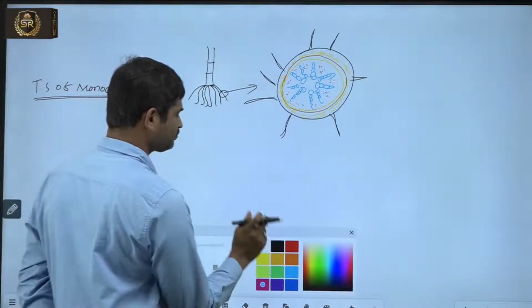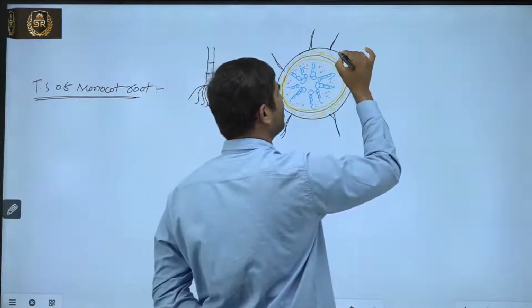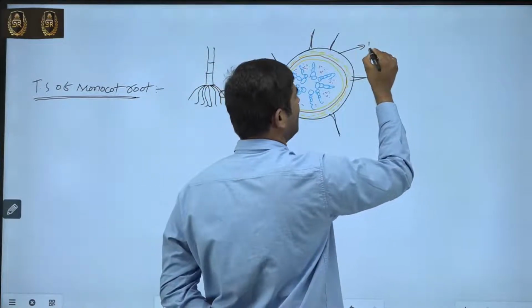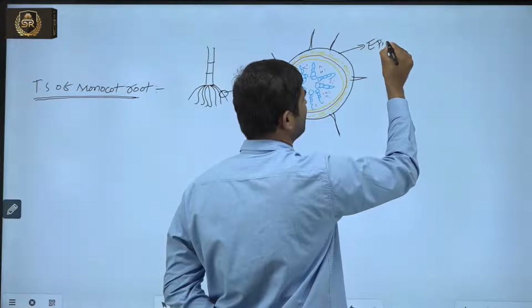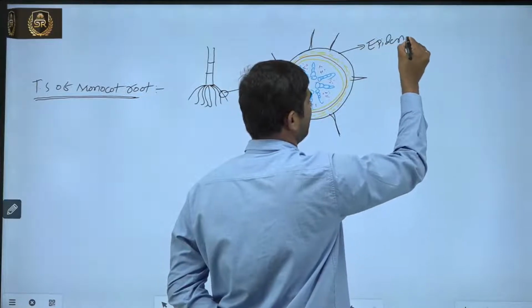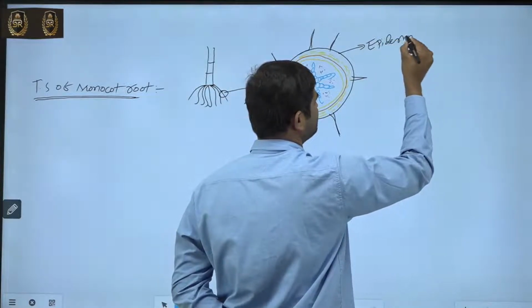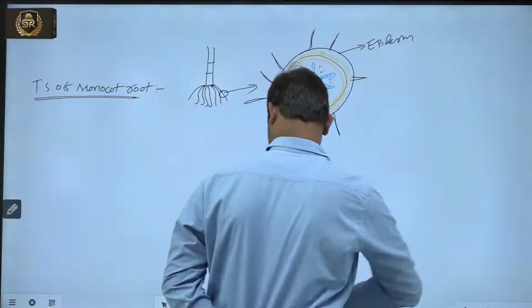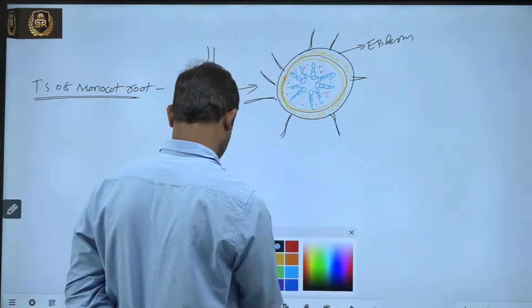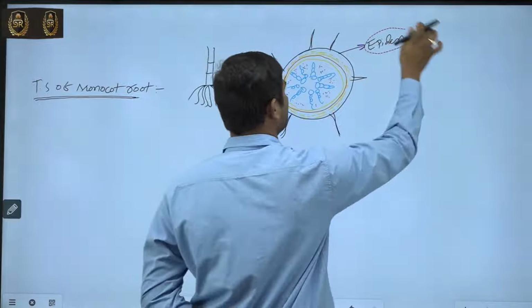The outermost part is called the epidermis. The outermost protective part is called the epidermis part.